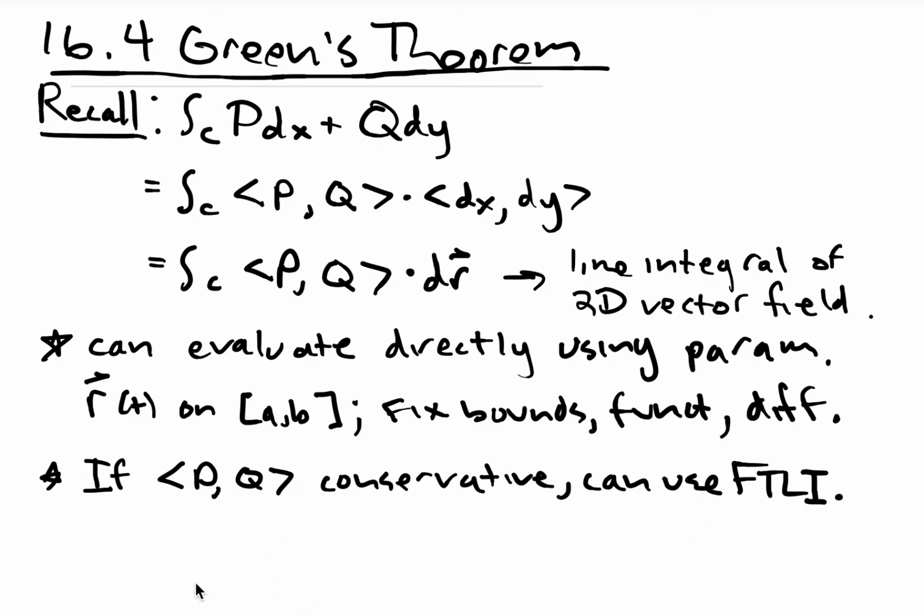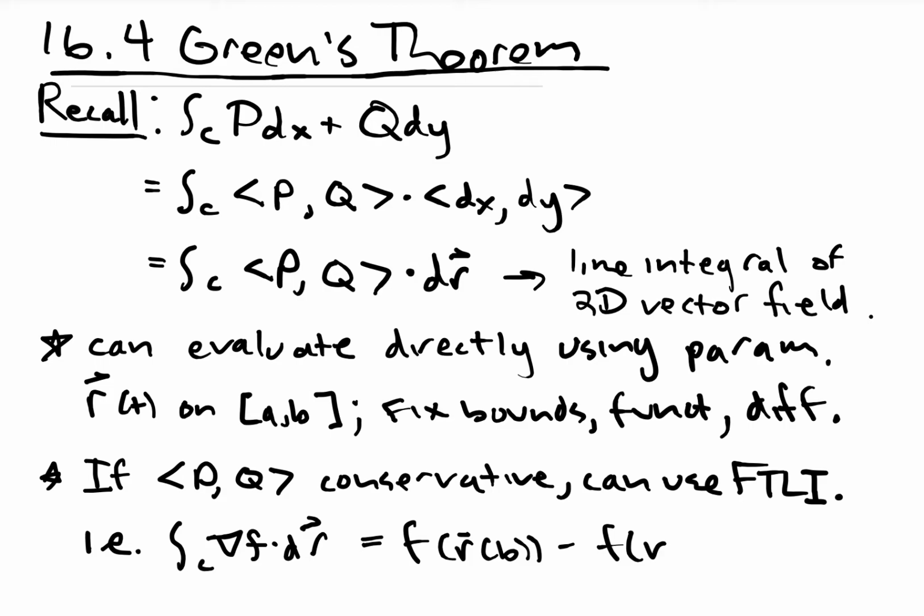The alternate method that we have for expressing this, currently, is the fundamental theorem of line integrals. Now, that only applies if this PQ vector field is conservative. If you don't remember what I mean by the fundamental theorem of line integrals, this is the case where you take the line integral of a gradient, and you express it as the potential function evaluated at the endpoints.